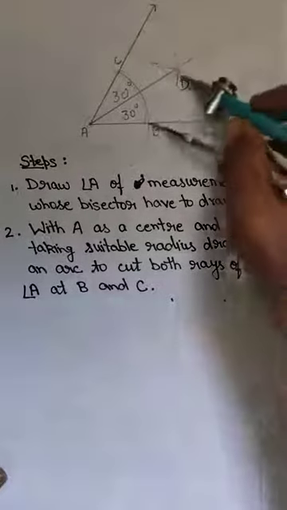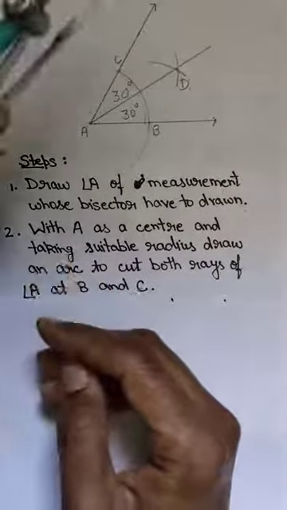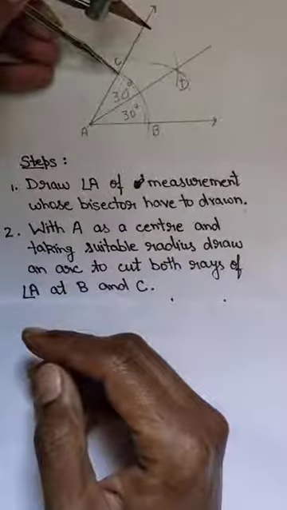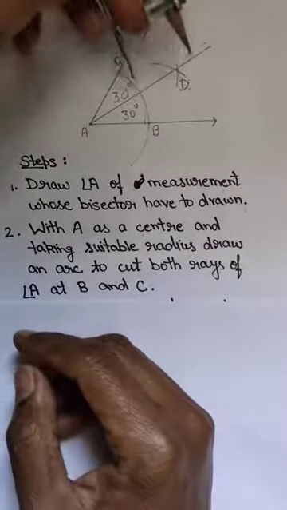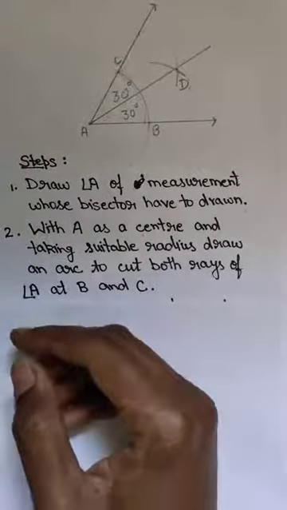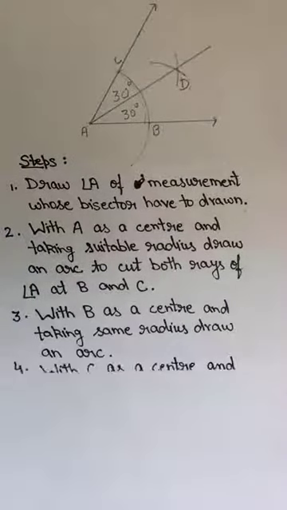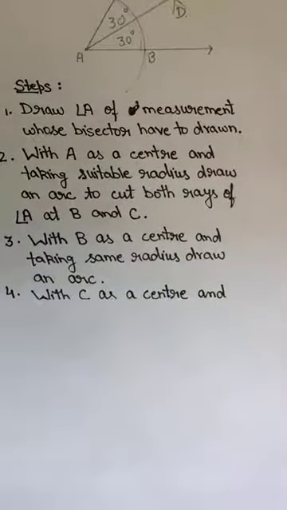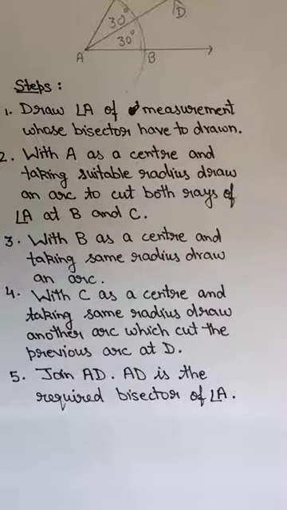Draw one arc from B and another arc from C, which cut each other at point D. Join AD. AD is the bisector of angle A. Okay.